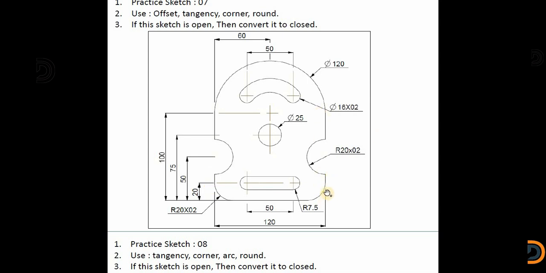After that, I will define the radius at these corners, and then I will define the equal constraint with the radius of 20. Then I will draw this half circle where the center of this half circle will be coincident on this vertical line. After that, I will prefer to use the palette option to draw this slot and this curve.